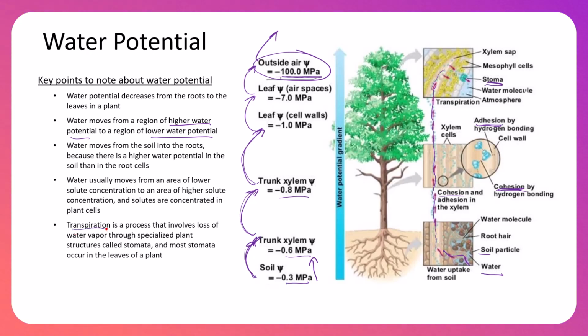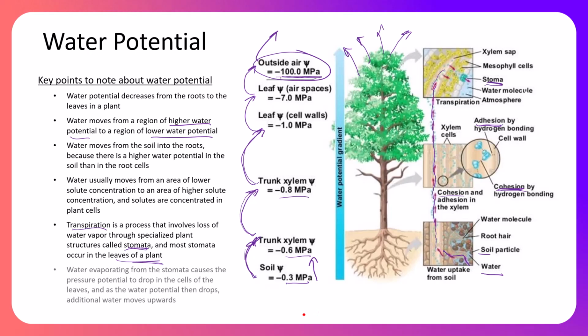Transpiration is the process that involves the loss of water vapor through specialized plant structures called stomata, and most stomata occur in the leaves of a plant. And so this is where most of the water is being given off. And so as the water evaporates out, it's going to continually pull this single chain of water molecules up the plant as that water evaporates out of the top of the plant.